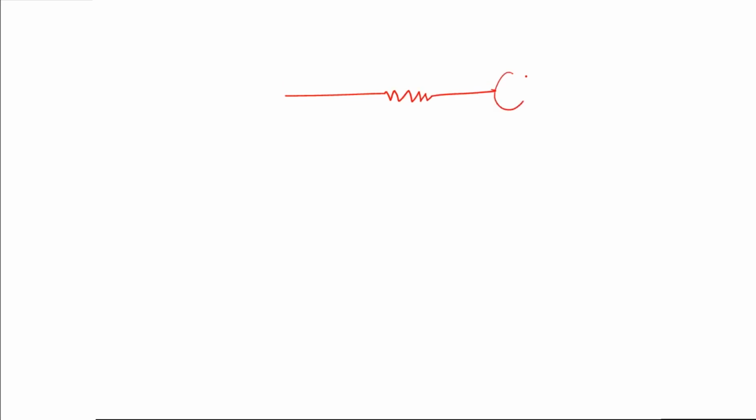This symbolic galvanometer will be written like this. This is the galvanometer G, and this RG is the resistance associated with G. So a few things are given. This RG is given as 12 ohm.